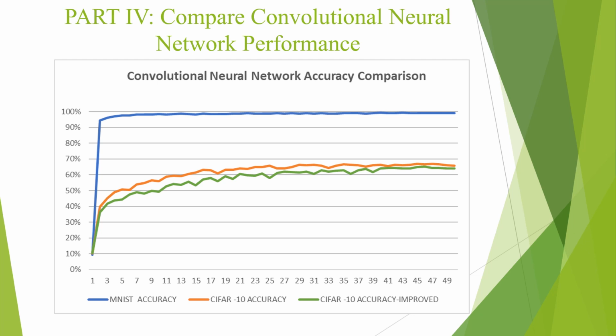But as you see, it performed about the same as it did with 2 convolutional layers. We also added, and I'll talk more about this in our conclusions, we went from 5,000 steps to 10,000 steps.